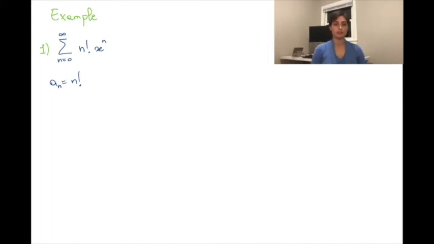So the power series for n going from 0 to infinity of n factorial x to the power n, then the coefficient of our x to the power n is n factorial.